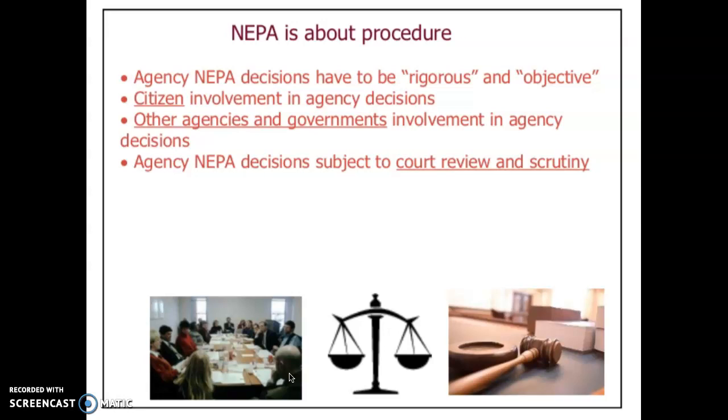If the scale of the project covers multiple agencies, like something that happens with the Army Corps of Engineers and the Forest Service, or the FAA and the Forest Service, then all the agencies that have interest in the project have to be involved. And then, as we talked about in the last lecture, they're subject to court review and scrutiny.